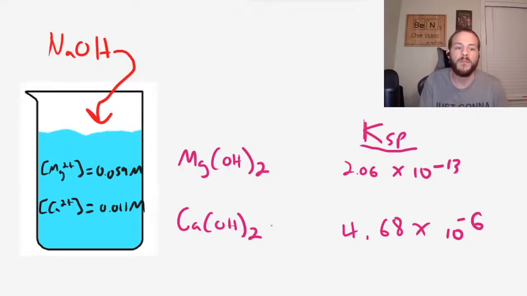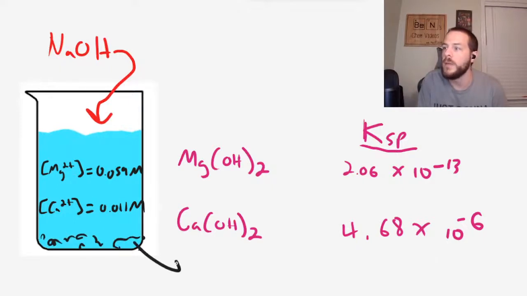So what would happen is, I'll just use black, I guess. You would have a bunch of solid that would form in here. It would precipitate, right? And so it would start collecting at the bottom of the beaker, right? And that precipitate would be the magnesium hydroxide because it's so lousy at dissolving. It has such a low value of KSP, right? So that would be the Mg(OH)2, right?